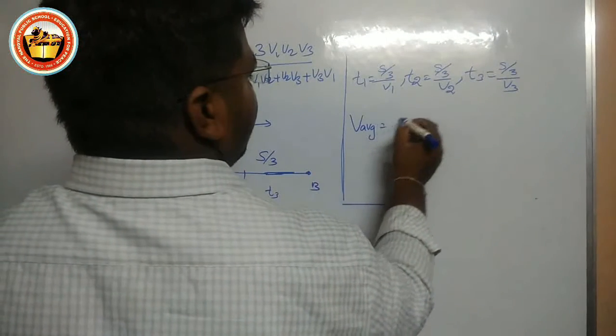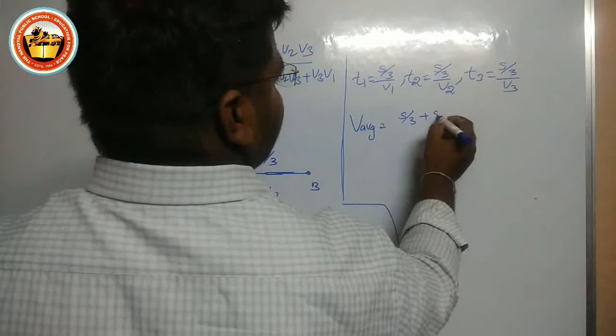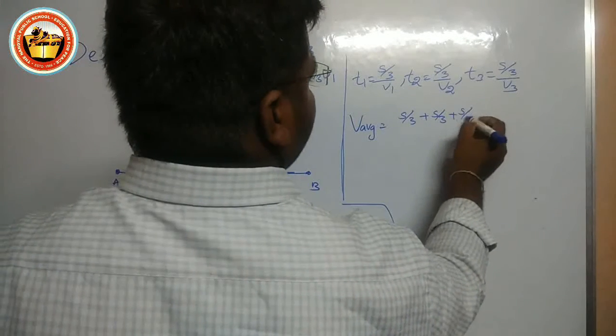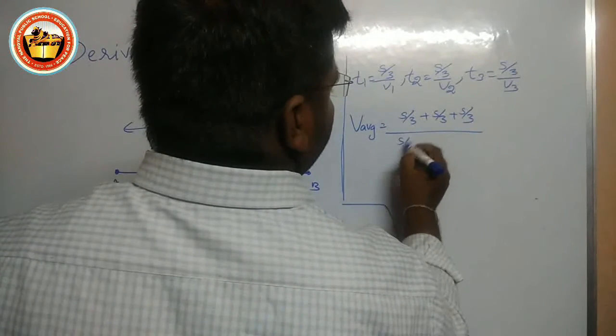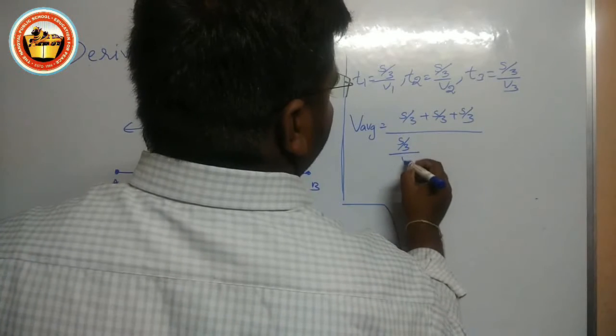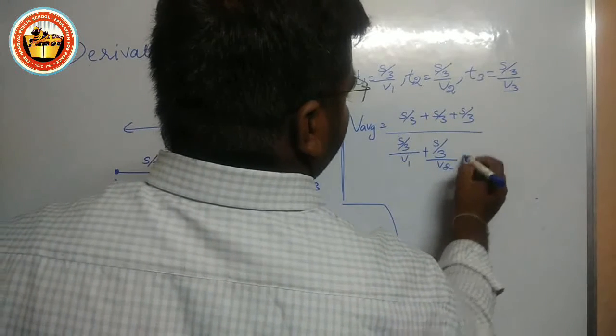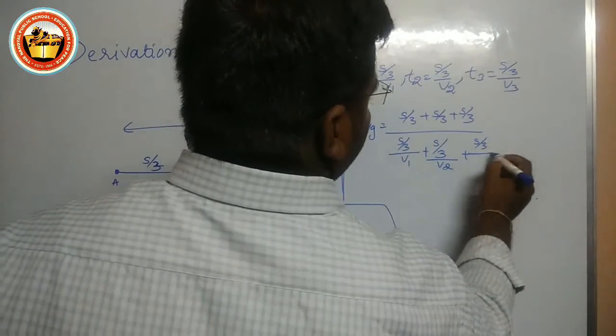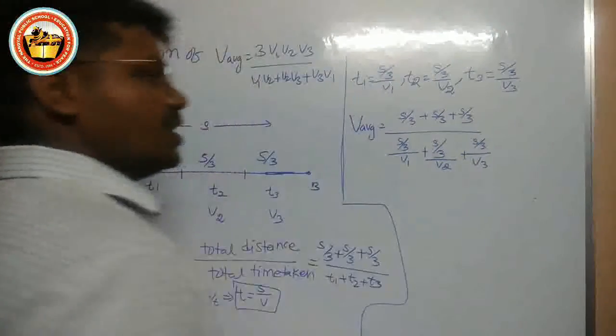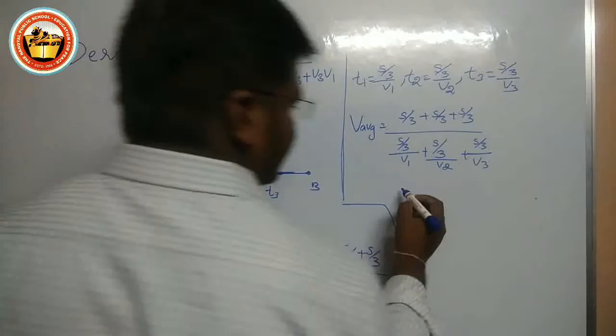V average is equal to s by 3 plus s by 3 plus s by 3, divided by s by 3 divided by v1 plus s by 3 divided by v2 plus s by 3 divided by v3. So s by 3 gets common.